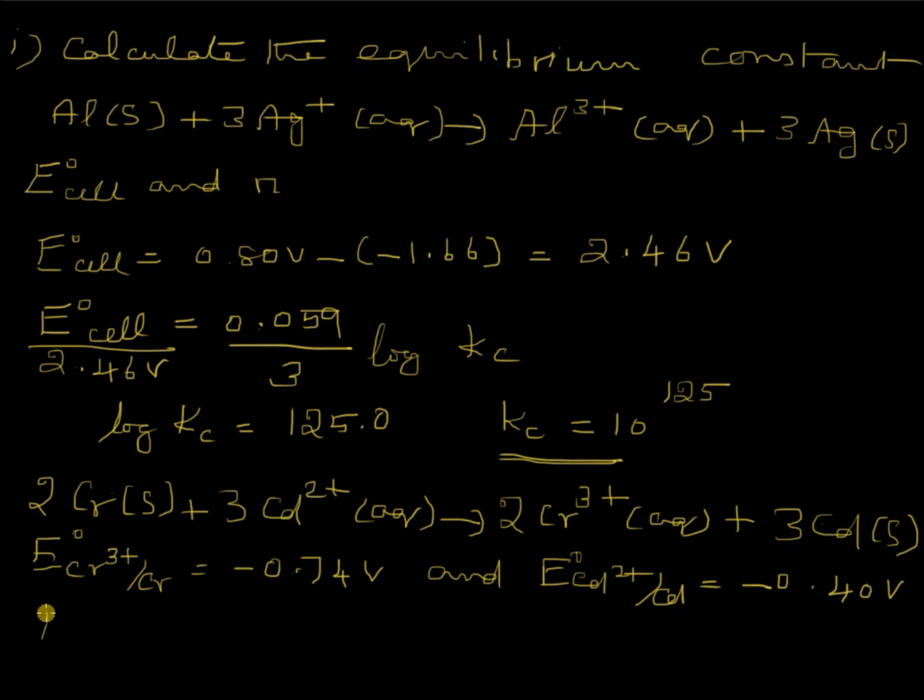Now we can write E naught cell, which is minus 0.40 minus minus 0.74. So we have a value of 0.34 volt.